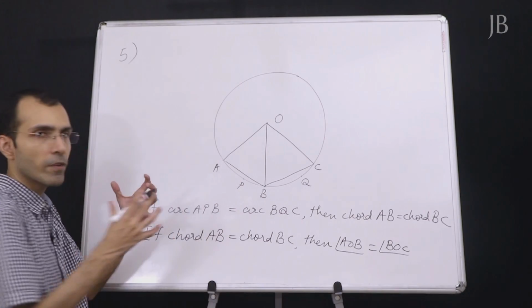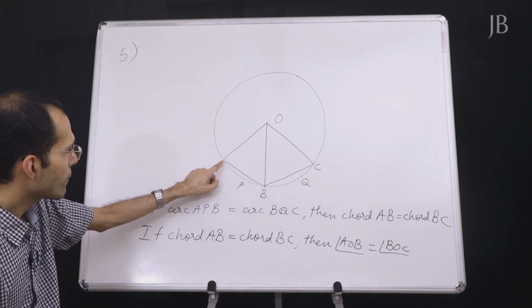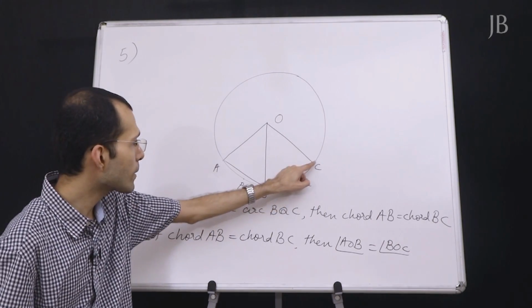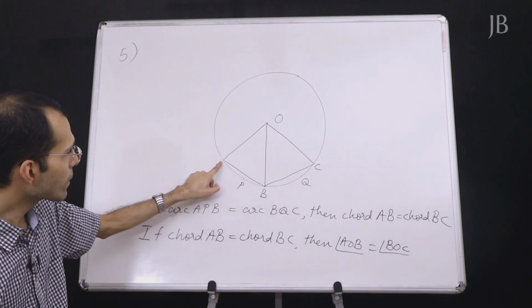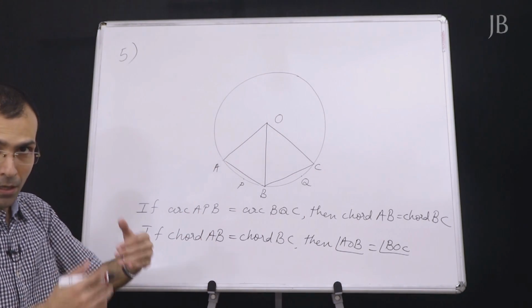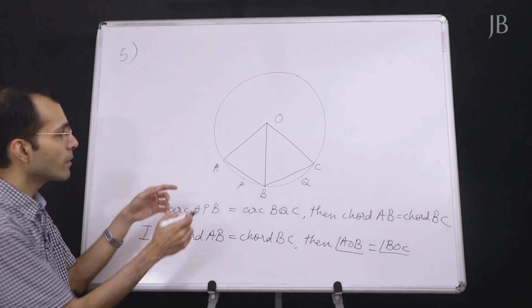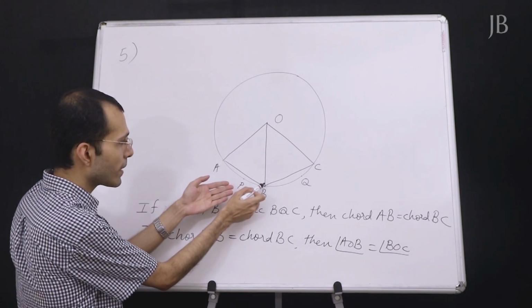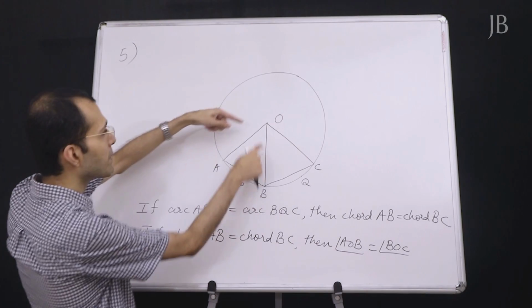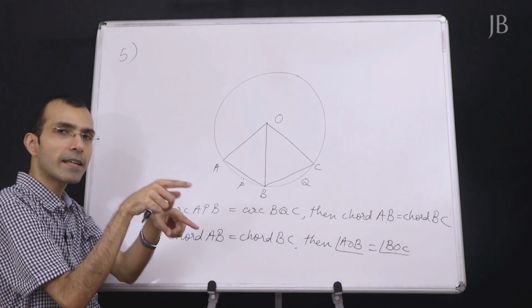Note this carefully, how we have fused the concepts. First one, if arc APB is equaling arc BQC, then chord AB will equal chord BC. Further extension, now if chord AB and chord BC are same, then they will subtend equal angles at the center also.